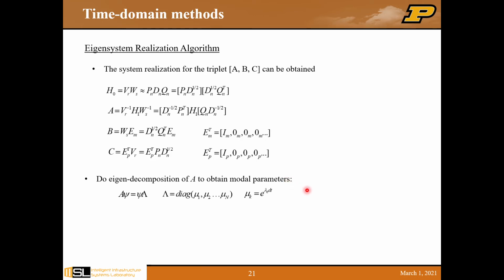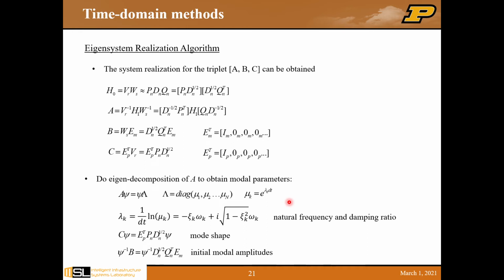The next step is to obtain the modal properties by eigenvalue decomposition of the system matrix A. Similar to SSI, we first obtain the lambda matrix, which is the diagonal matrix of mu_1, mu_2, up to mu_n. They are in the Z domain, and then we can transform back to the S domain, obtain lambda_k, and by comparing the real part and imaginary part, we can obtain the natural frequency and damping ratio.